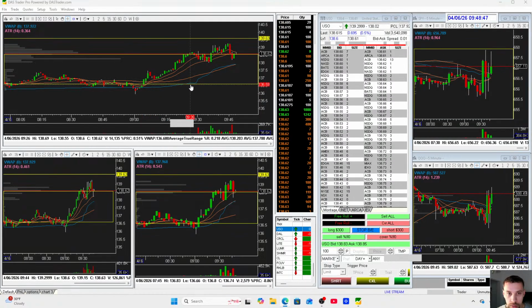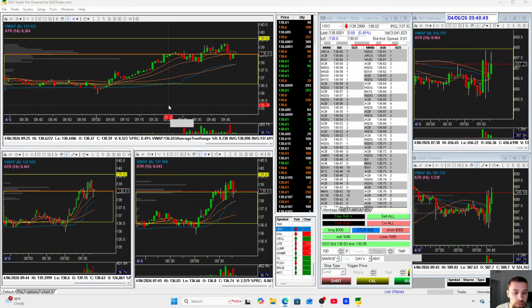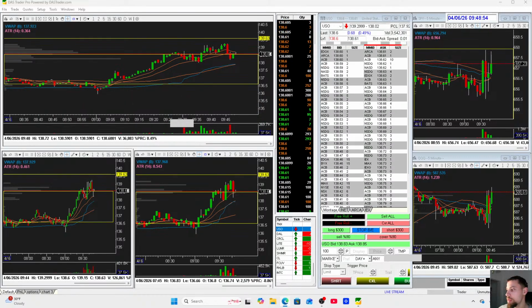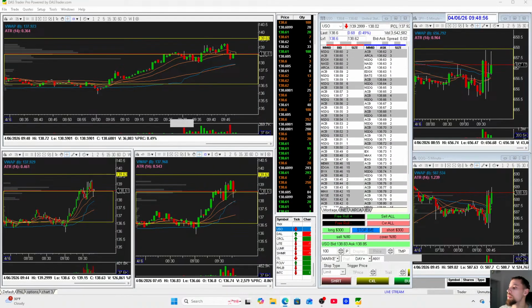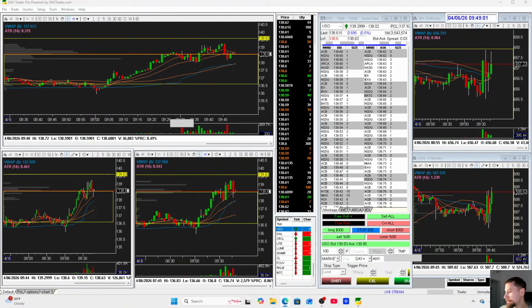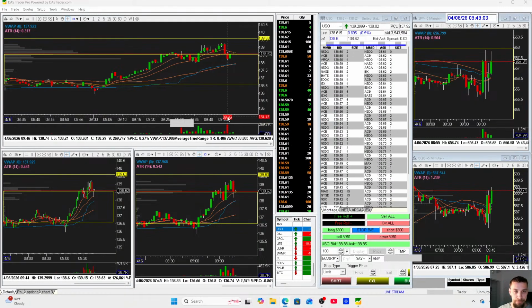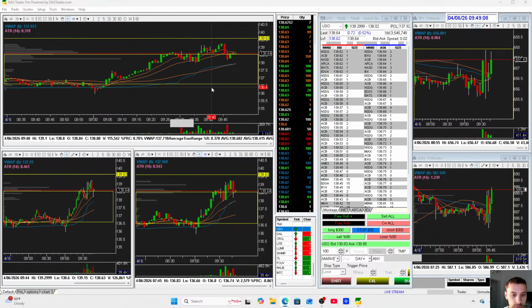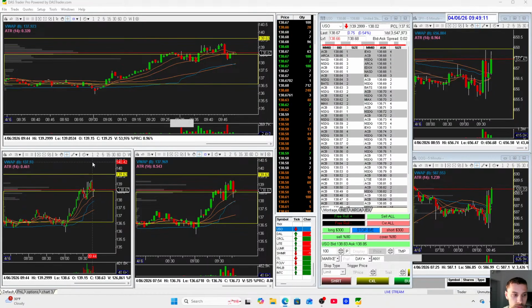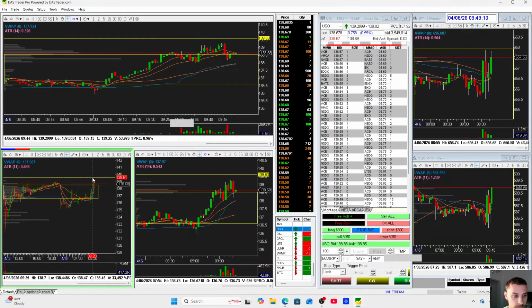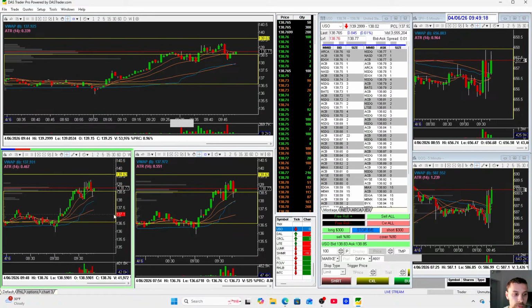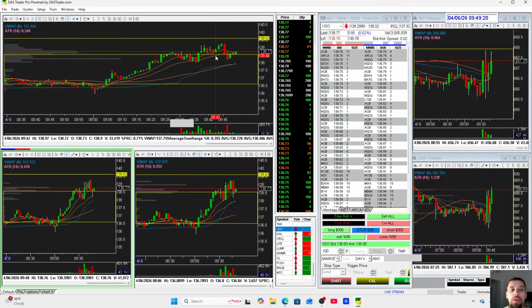This Uso's looking kind of interesting for a short to me. It's making a head and shoulders here. Doesn't want to lose that level.